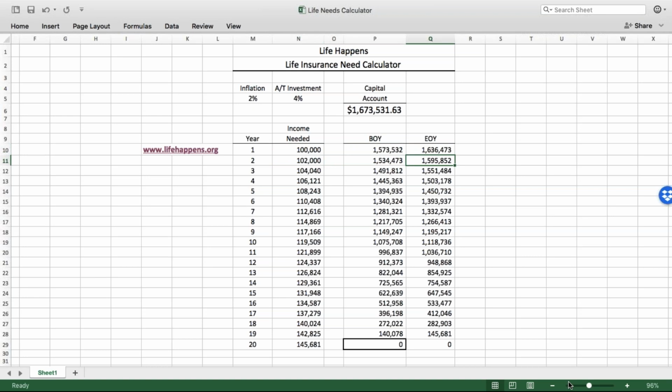So as we go through this process of taking money out of the capital account and having interest added to the capital account as it earns, you can see that the value of the capital account is going to continue to decrease, because what we calculated this for was to only have 20 years of income. We were going to invade both the interest earnings on the account and the principal, and that principal amount reduces so that at the end of 20 years, there is no more capital left to generate any income, and that's the stream of money that we've generated.